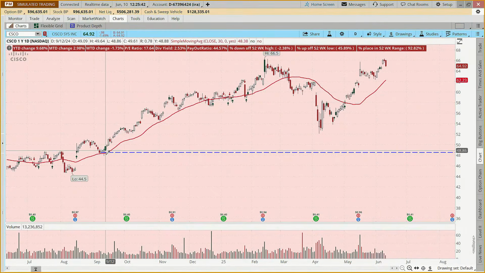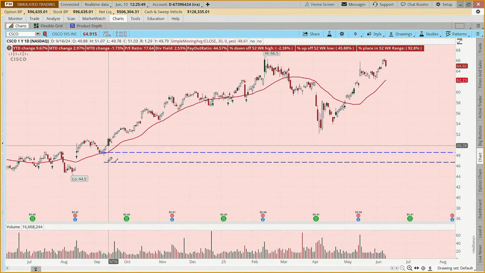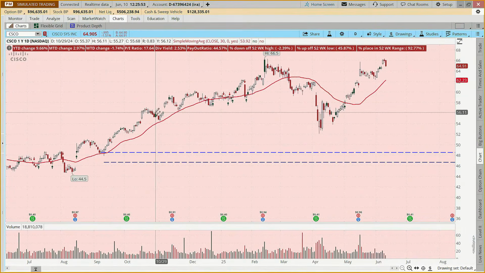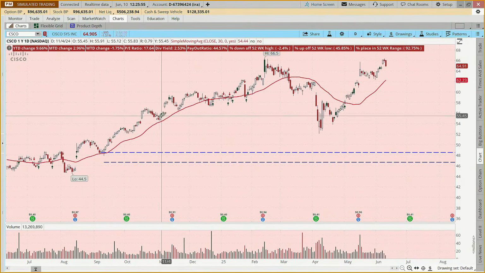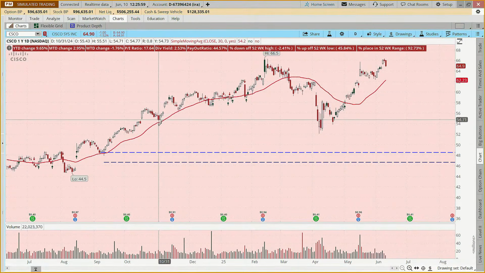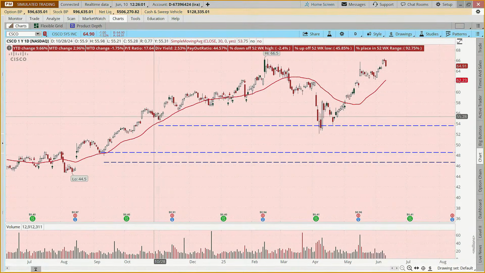We bought it on this day, and maybe we put our stop just 3% below our 30-day moving average. And I'm probably going a little too wide there. And then it came up, and it didn't quite close below, but it came up and kissed it. So maybe we moved our stop up on that day to here.